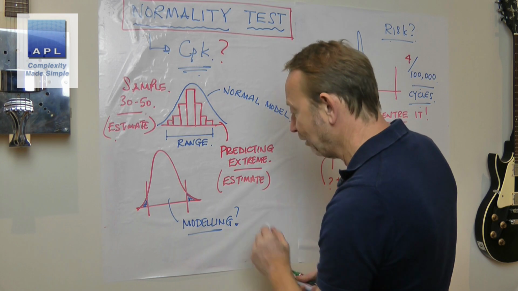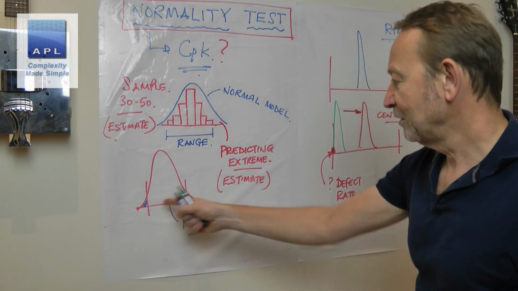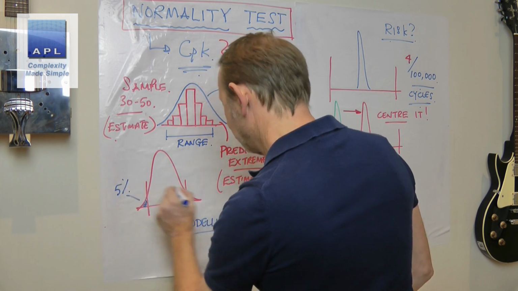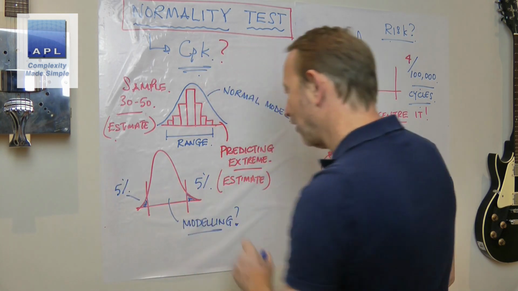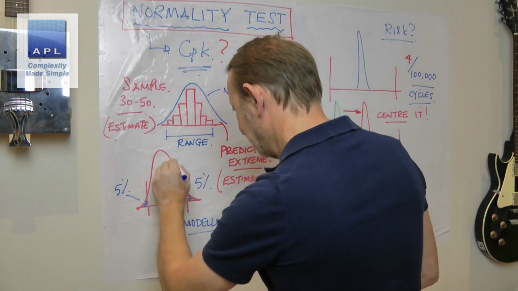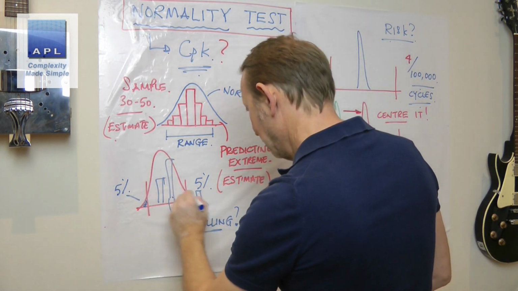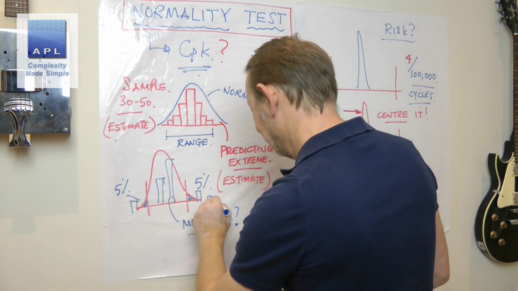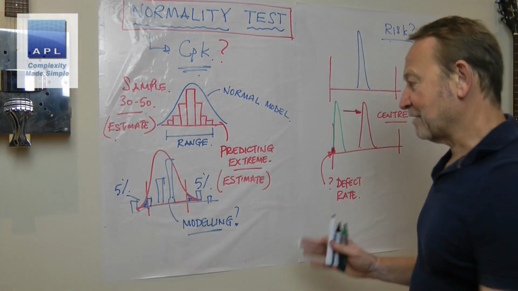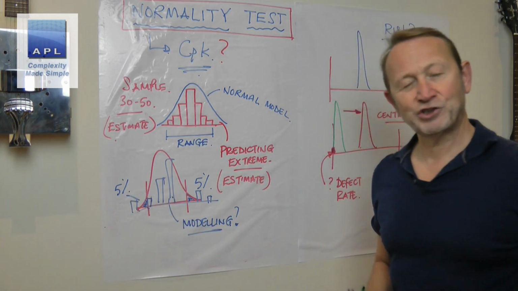Is the model reliable? Now it could be here, for instance, it's predicting 5% defects in this tail, 5% defects in this tail, but when you look at the underlying distribution, maybe it looks a bit messy like this, you know. Now normality. Again, is normality the issue?